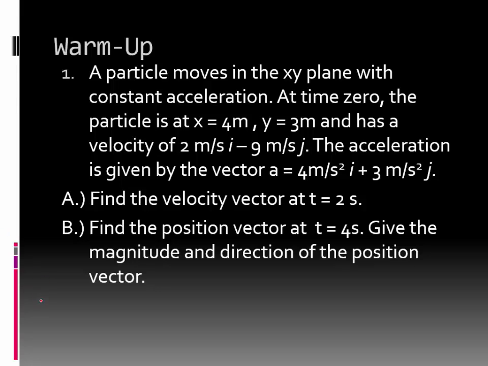So in the x direction, we always use r for our position. So we have an initial velocity in the x direction of 2 times t plus 1/2 a in the x, which is 4, times 4 squared. And then in the y, same thing, except we use -9 times 4 plus 1/2 times 3 times 4 squared.